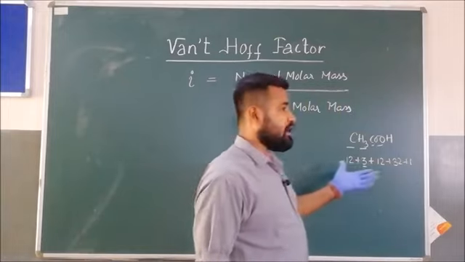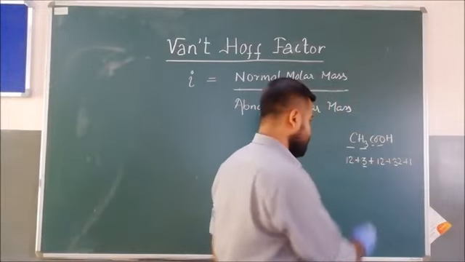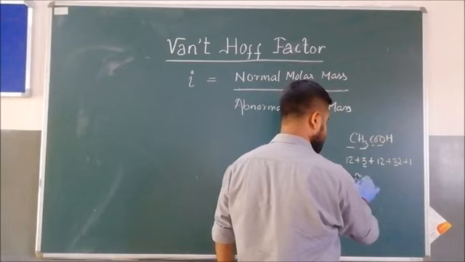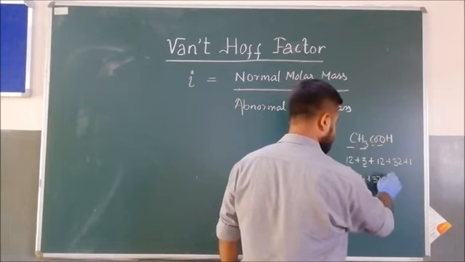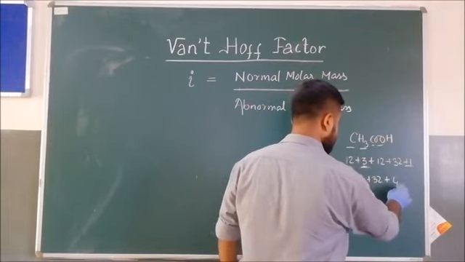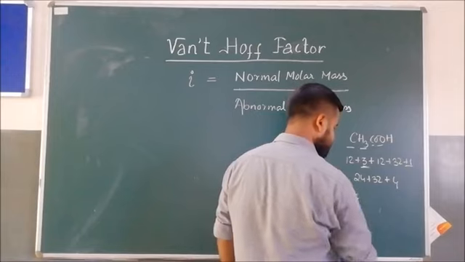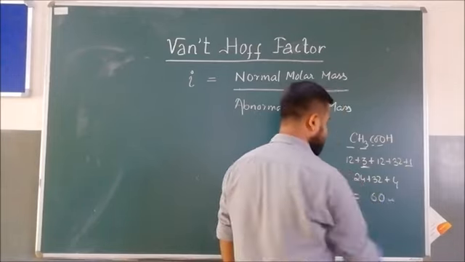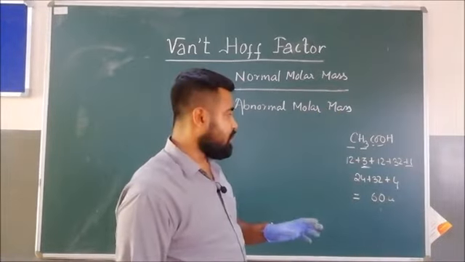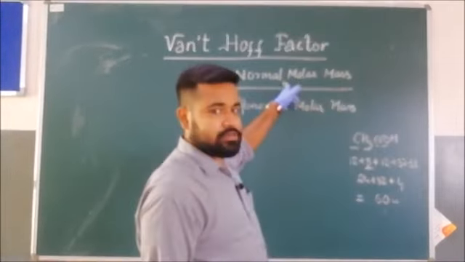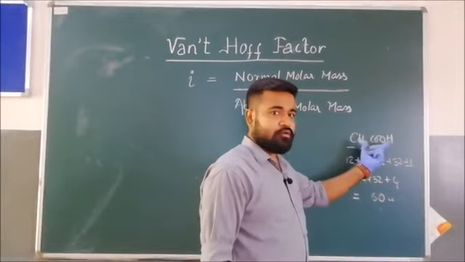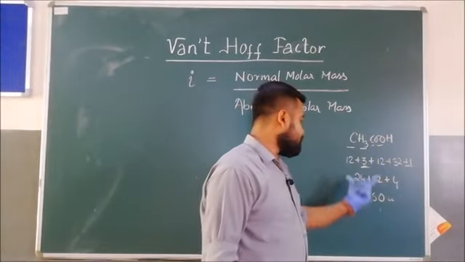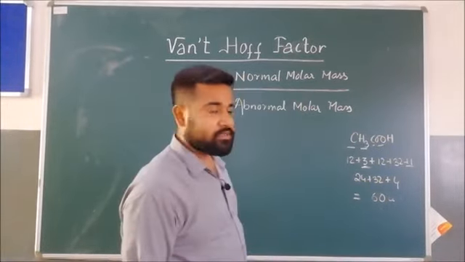If we total this value, we get 60. This is called the normal molar mass, which means the molar mass calculated from its formula is known as normal molar mass.